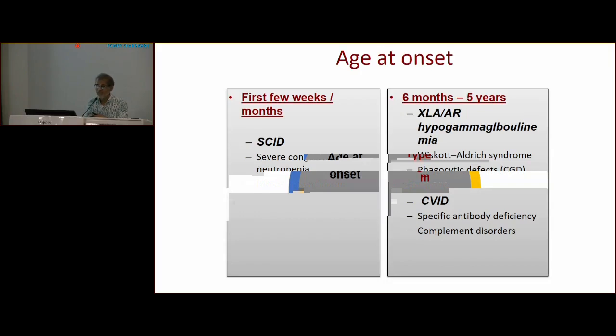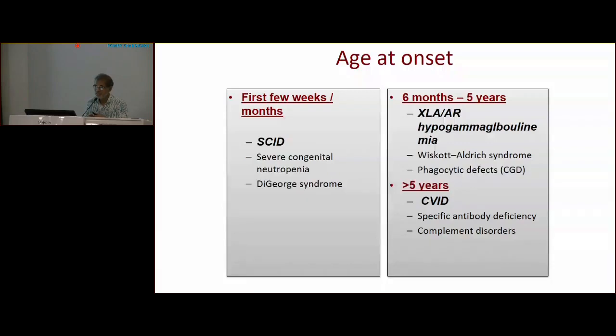So, depending on the age at onset, you can predict which of these disorders it would be. Even LAD would present in the first few weeks or months, but it is quite variable depending upon what type of mutation is there. If it's a severe mutation, it will present early. If it is a hypomorphic mutation and there is still some functional protein left, it would be later. So, these are useful pointers, but in a given case, it will be highly variable.